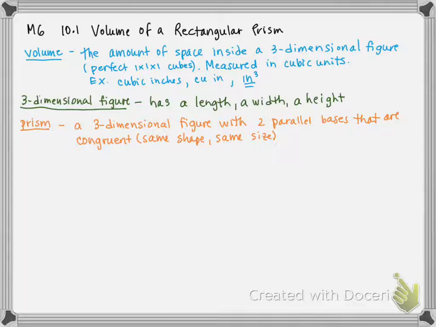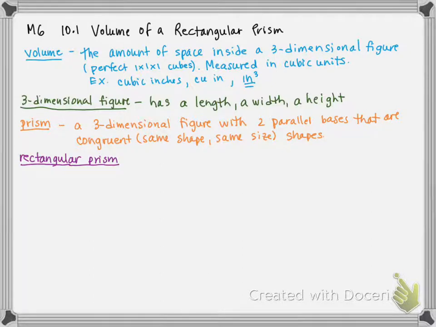These are referring to shapes. So congruent, same shape, same size, shapes. Now let's talk about what makes a prism a rectangular prism. The bases are going to dictate the name of our prism.